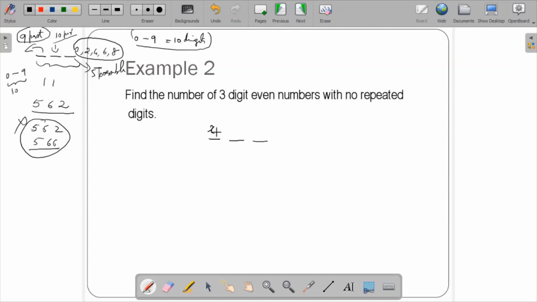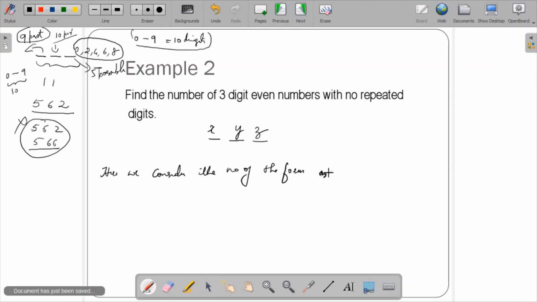So let us come back and we'll solve. Let us consider the number of the form X, Y, Z. Okay, X, Y, Z. So just write there. Here we consider the number of the form X, Y, Z, where each of X, Y, Z represents a digit.